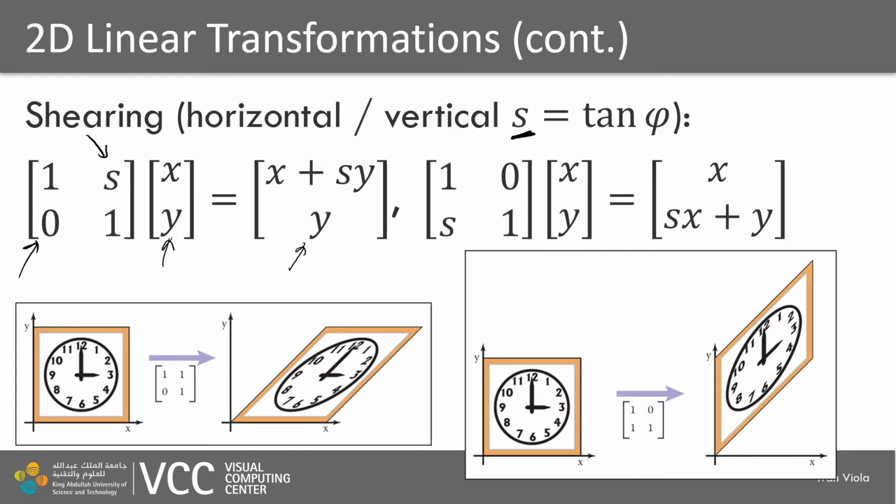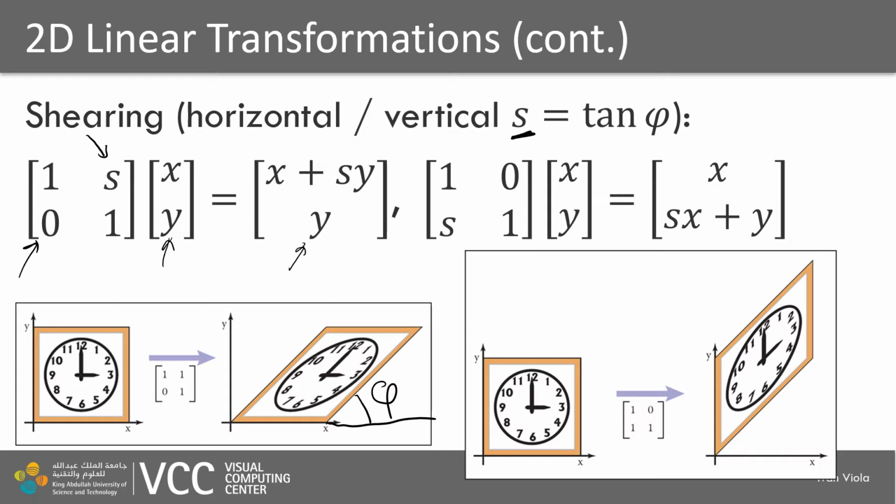So if we look at this angle between the x-axis and the side of this rectangle, which is now mapped to a side of a parallelogram, the side of the parallelogram makes with the x-axis an angle which is phi, and in the shearing matrix we will have a factor tangent phi, which will be corresponding to this shearing amount.